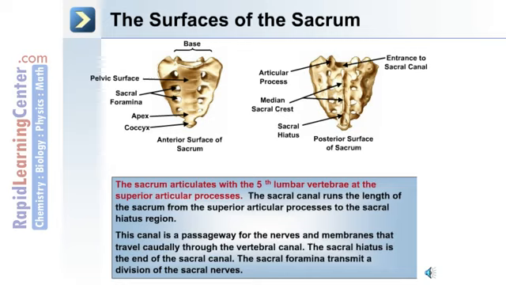The sacral canal runs the length of the sacrum from the superior articular processes to the sacral hiatus region. And this canal is a passageway for the nerves and membranes that travel caudally through the vertebral canal. The sacral hiatus is the end of the sacral canal, and the sacral foramina transmit a division of sacral nerves.